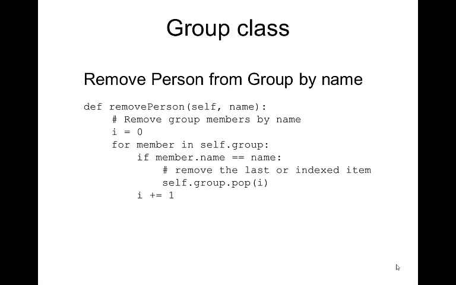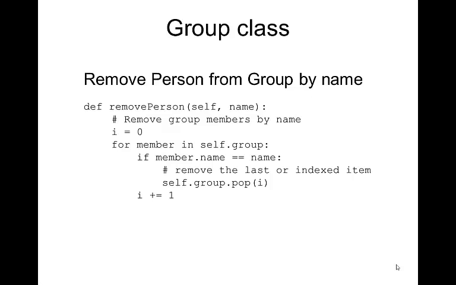Here's the code for removing a person from a list. So we've got a list of people. How do we remove a person? Well, there are a number of different ways we could remove people. In this case, I've removed by name. I'm going to pass in a name, and if I get a match with the name attribute in my group list, then I'm going to delete that person from my list.